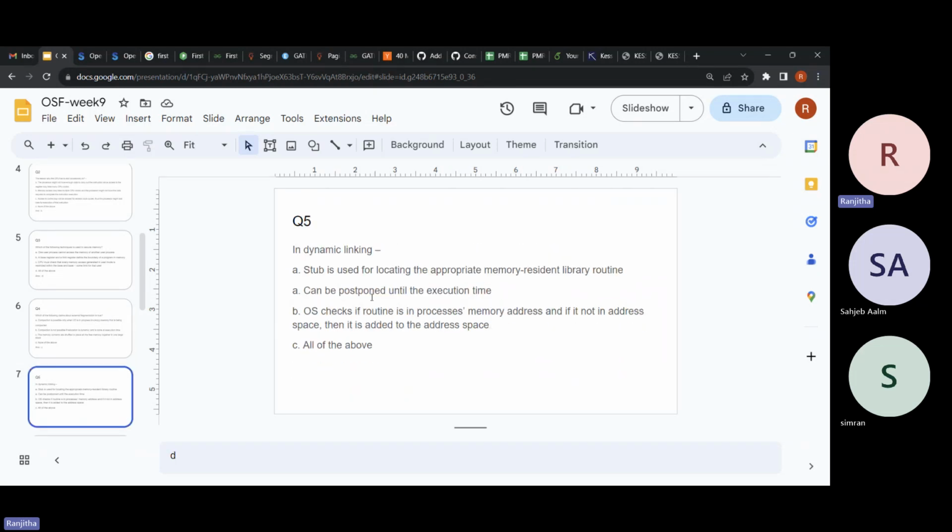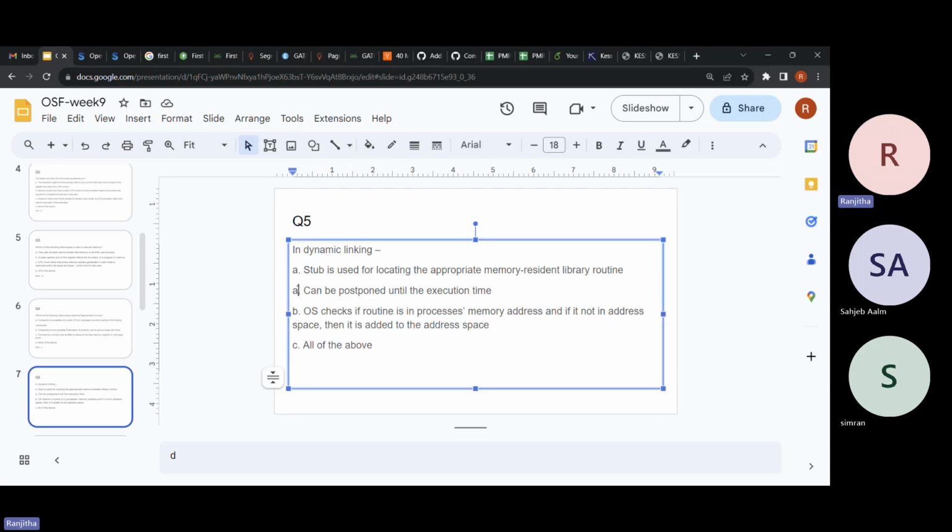So stub is actually used for locating the appropriate memory resident library routine in case of dynamic linking. And yes, dynamic linking can be postponed until execution time, and yes, it checks. So all of the given answers are correct here.